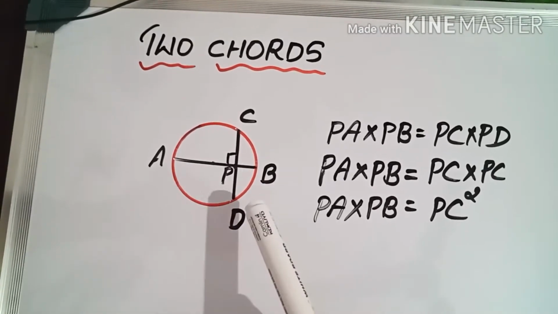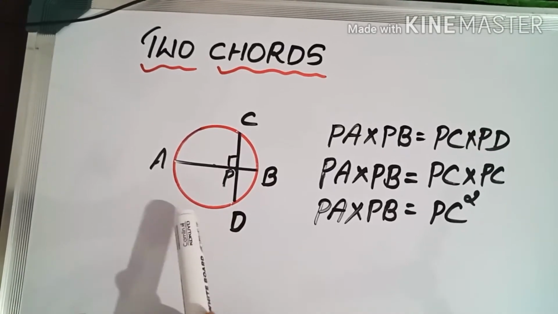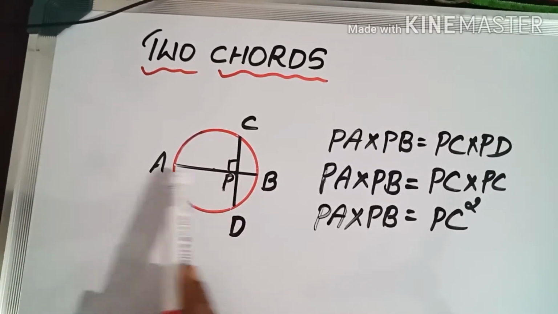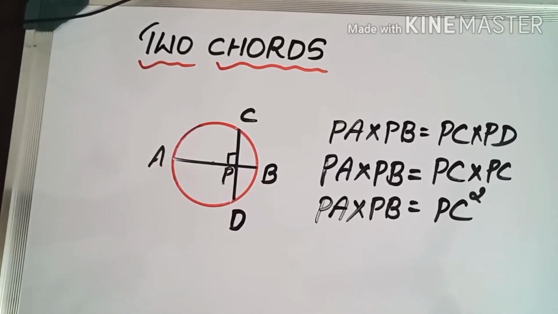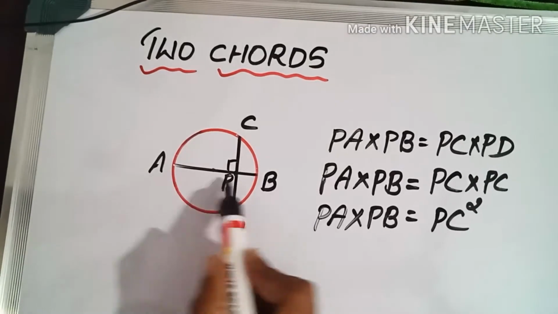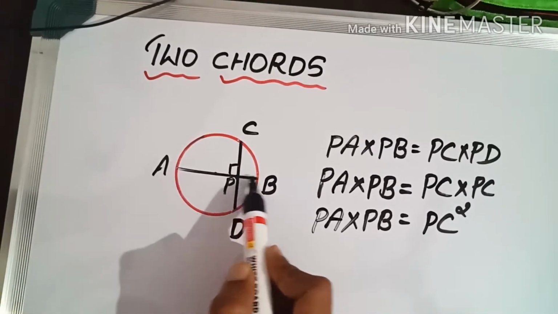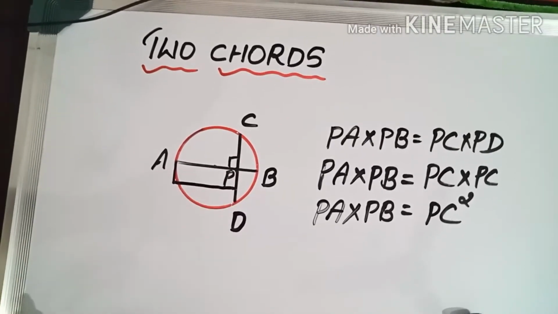From the same concept, we can say that when we draw rectangles by using the parts of these portions, by using this chord AB, we can draw one rectangle there. That means AP is the length. We can use this PB as breadth. Small length, no? So we can draw one rectangle like this.